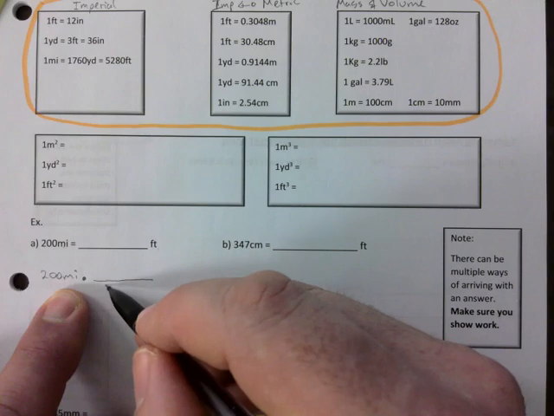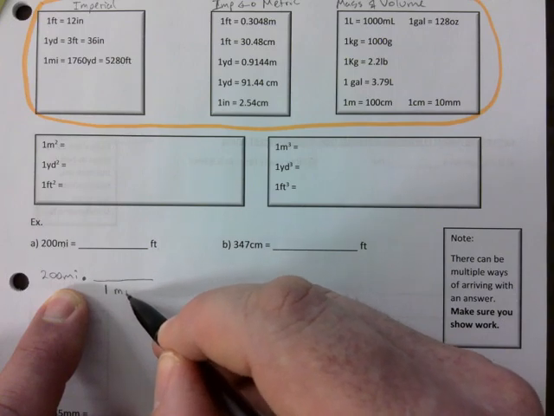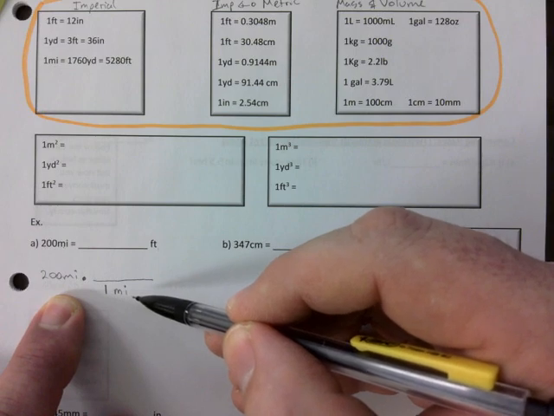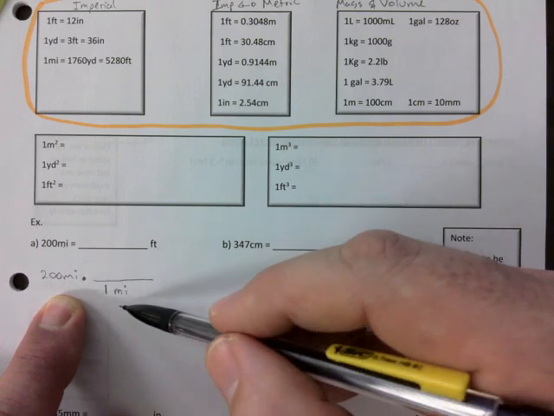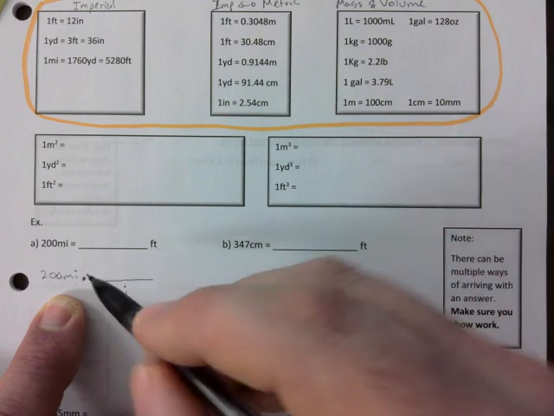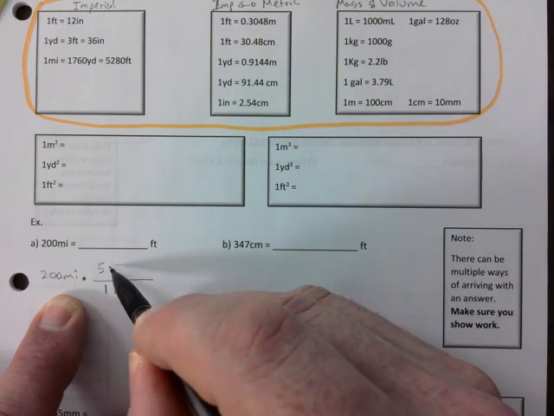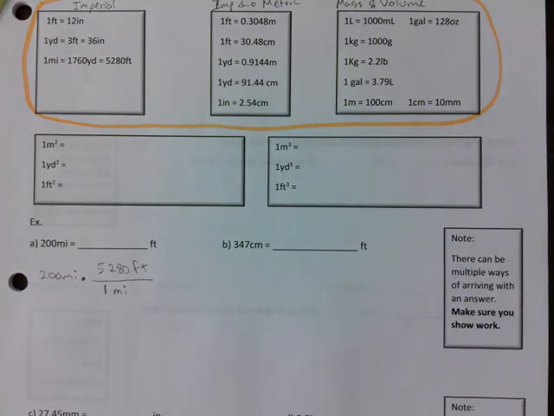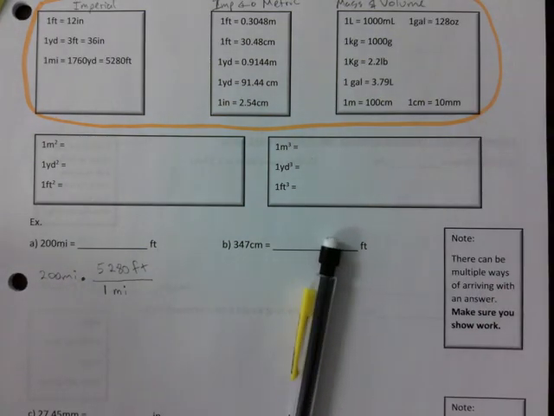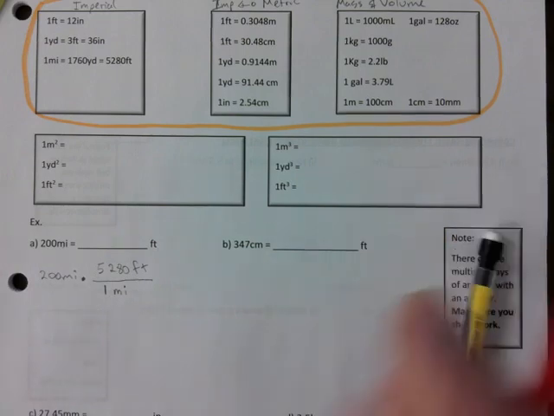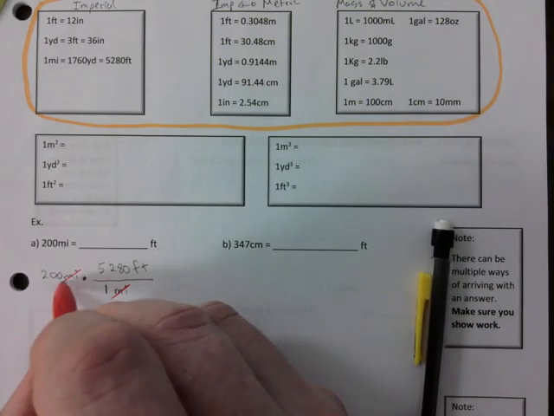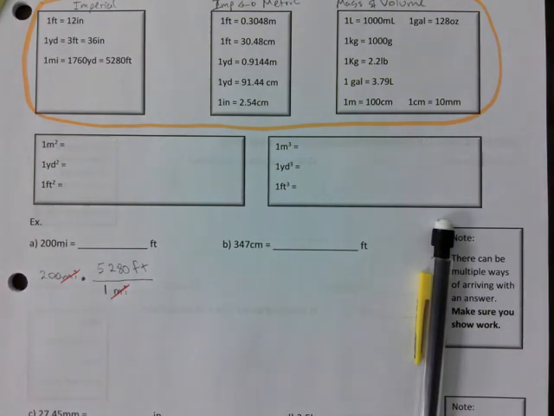I'm going to put the 1 mile down here in the denominator so that the miles cancel out, and the feet, 5280, go up here. The mile in the denominator cancels out with the mile in the numerator up here.